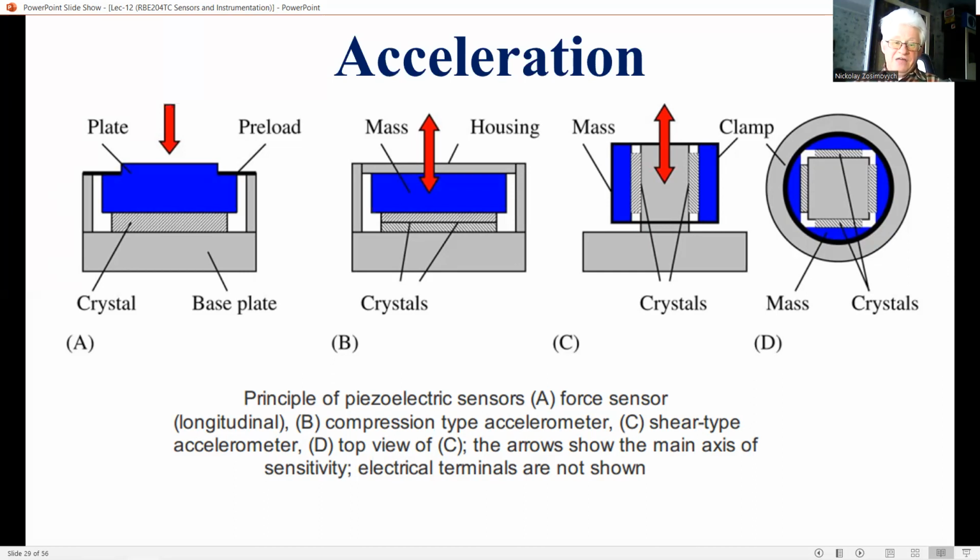For instance, the advent of piezoelectric PVDF and the fast development of microtechnology motivate researchers to look for new solutions for both old and new measurement problems.